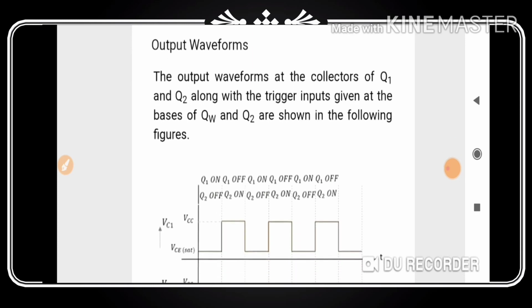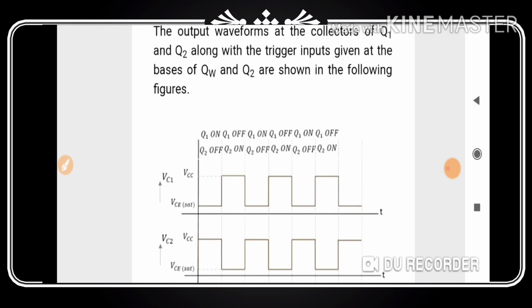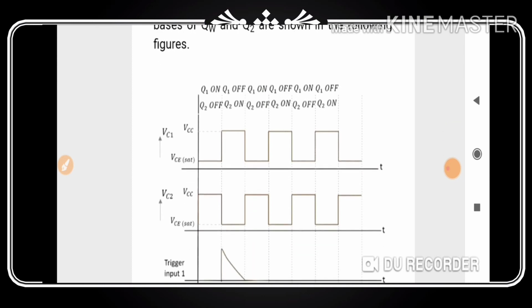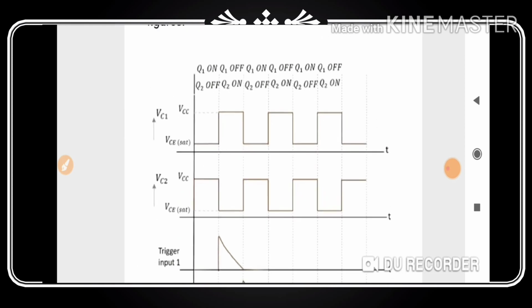Now you can see the output waveforms for the Q1 and Q2 transistors when the input is given. Vc1 is the collector voltage of the Q1 transistor, and Vc2 is the collector voltage of the Q2 transistor. Here there is Vc saturation.